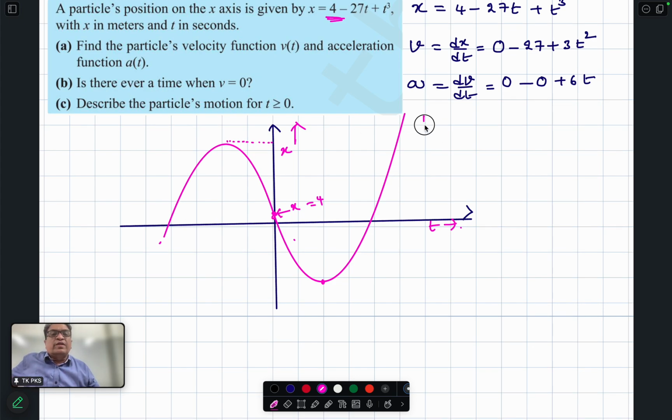What is going to be the velocity? Velocity is minus 27 plus 3t square. Velocity 0 is possible when 27 is equal to 3t square, t square is equal to 9, t plus or minus 3.